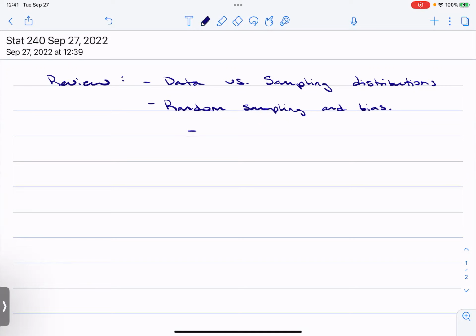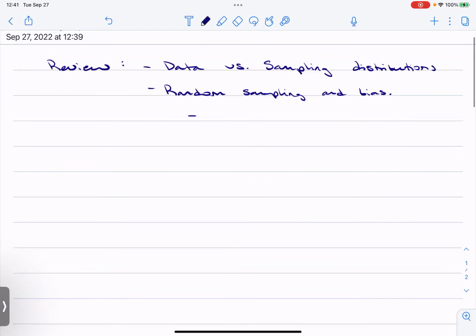which led us to, okay, well, what are some random sampling techniques? So things like stratified random sampling, cluster sampling, multi-stage sampling. Not super important for our purposes, but it's good to have a handle on that stuff. So then random sampling techniques, or methods, I should say.